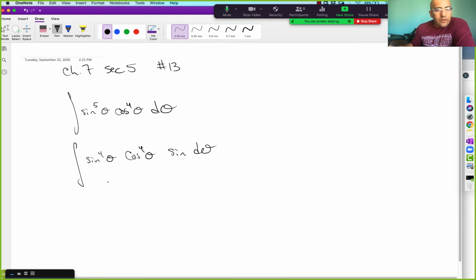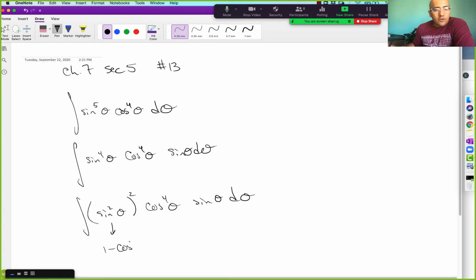And then we can rewrite this as the integral of sine squared theta, squared, cosine to the power of 4 theta sine of theta d theta. Good. And now sine squared theta is 1 minus cosine squared theta. That whole thing gets squared. Cosine to the power of 4 theta sine of theta d theta.